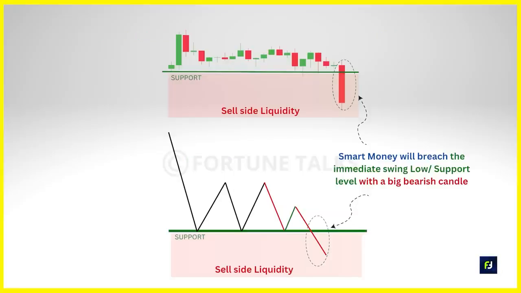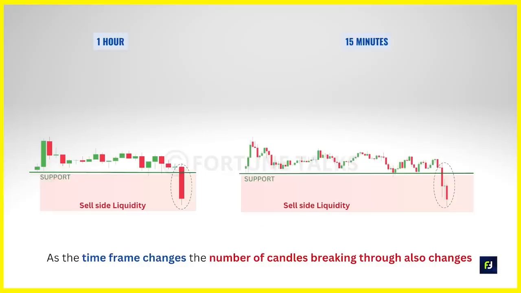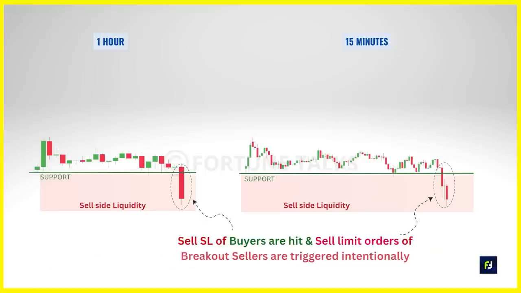The price will breach the immediate low or the support level with a big bearish candle with little or no wick. And as mentioned earlier, it can be multiple candles as well. It is not really the number of candles that matters, but it is the intention of these candles or the push. The stop losses of early buyers, which were placed below the lows or the minor support, are triggered due to this price push. We know that the buyer stop losses are actually sell orders.